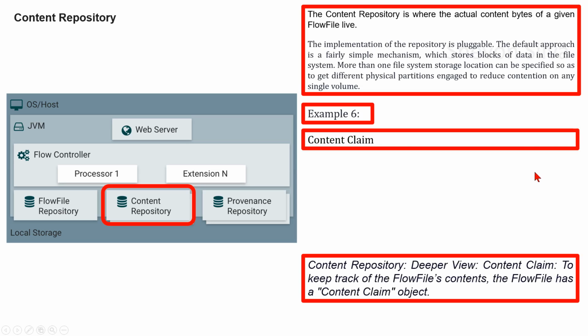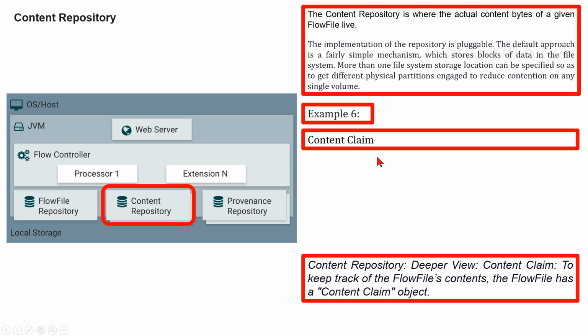Now we are considering the content claim in a deeper view in the content repository. To keep track of the flow file's contents, the flow file has a content claim object. In general, when talking about the flow file, the reference to its content is simply referred to as the pointer to the content, though the underlying implementation of the flow file content reference has multiple layers of complexity.